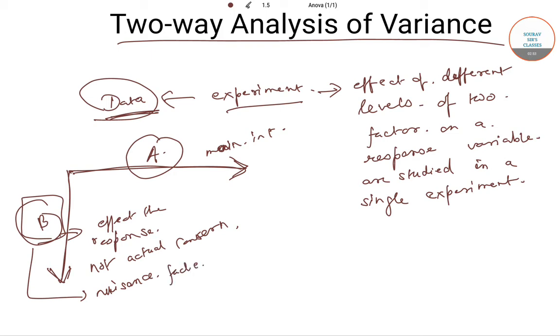And if such nuisance factors are unknown and uncontrollable, then the randomization technique is adopted.